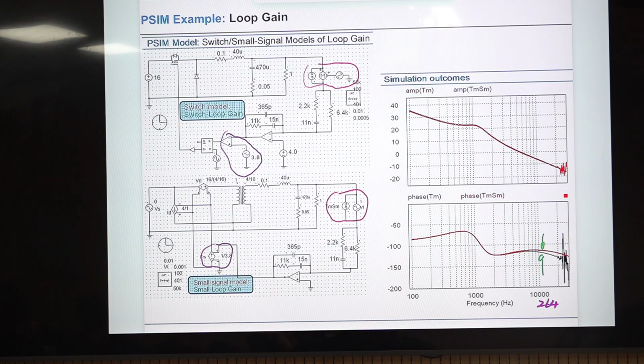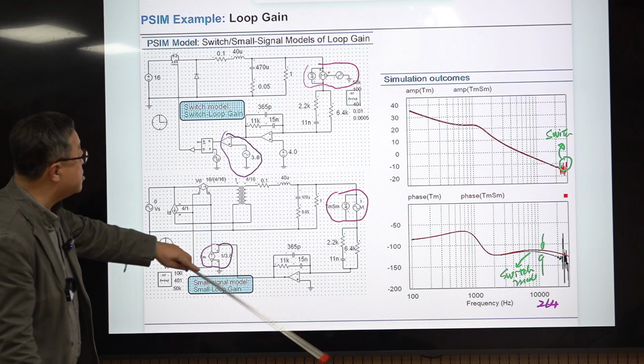So this should be the computational one, the switch model. And this is also the switch model. So the red one is the switch model. This is wrong. So you understand this, right?